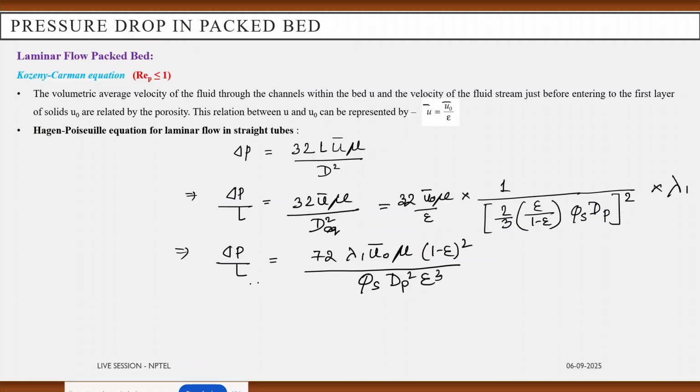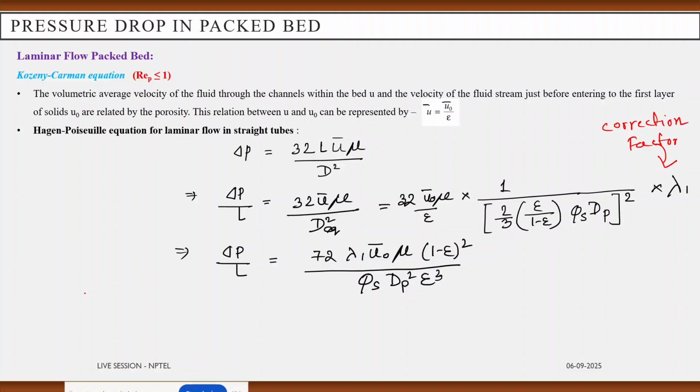So in this equation, this one is the correction factor for tortuous path and non-straight and parallel channels.